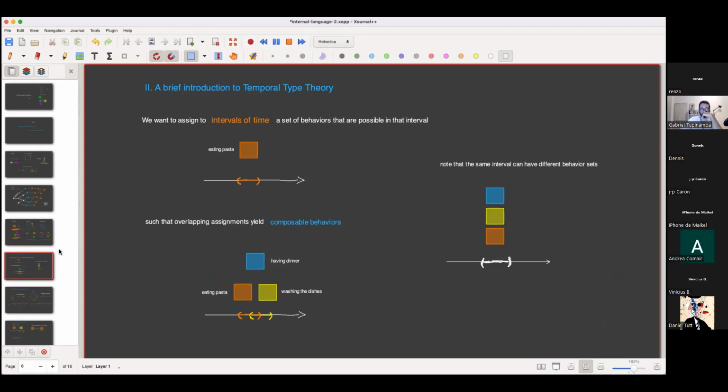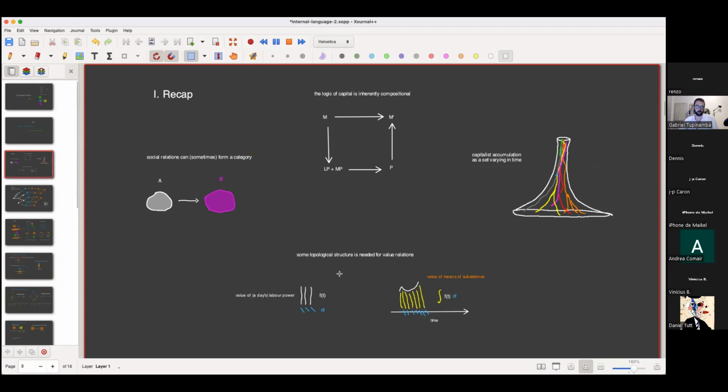I think that was something missing in the previous presentation, even though it kind of hinted at it with this topological structure. From the last presentation, we derived the idea of a day's value of labor power by starting with the means of subsistence for the worker in total.